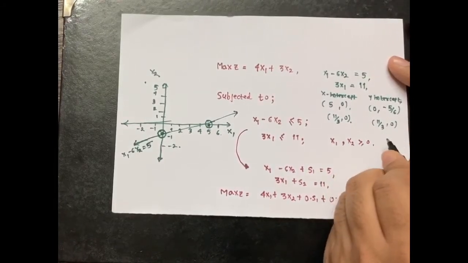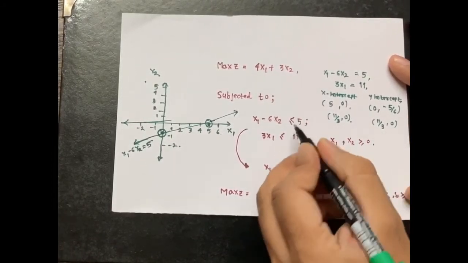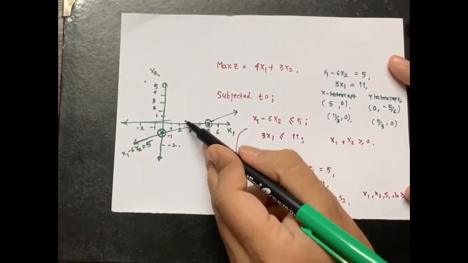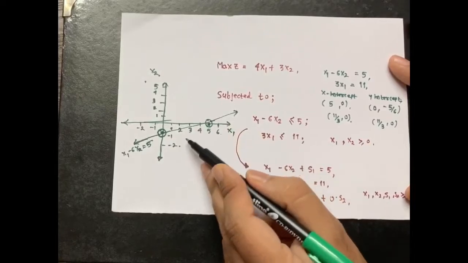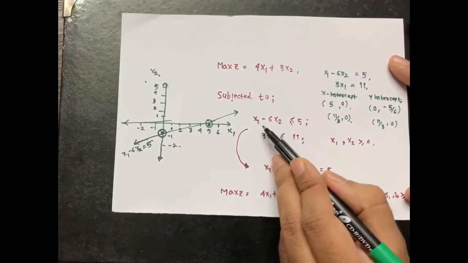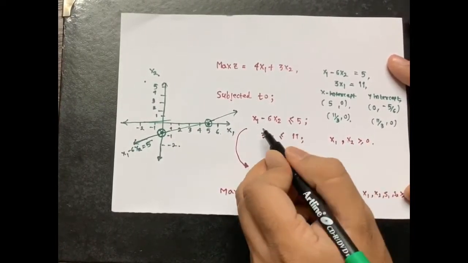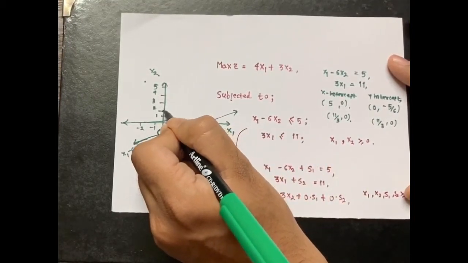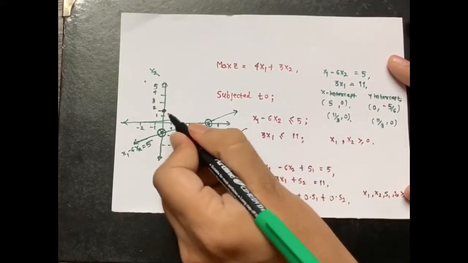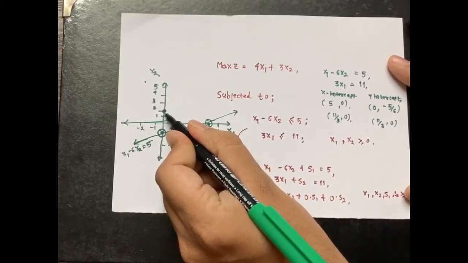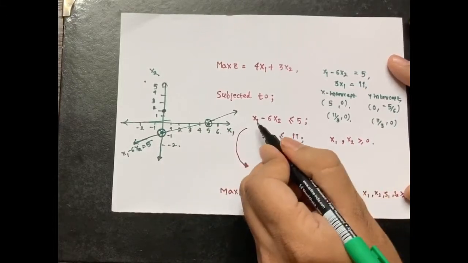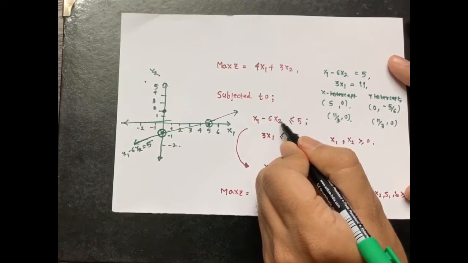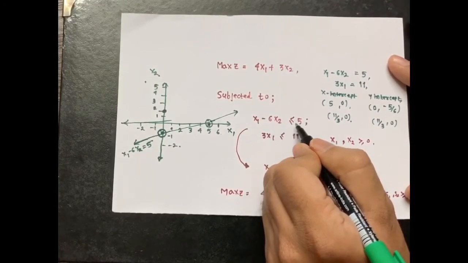Now talking about which particular direction we have to shade, whether the region is above this line or below this line, because I have a negative sign over here. So if I randomly place one point, let me test this, this is 0, 2. If I place the value over here, 0 minus 6 into 2 will be minus 12, and it is less than 5.